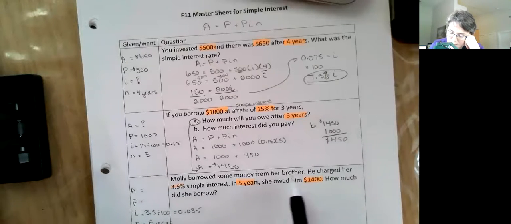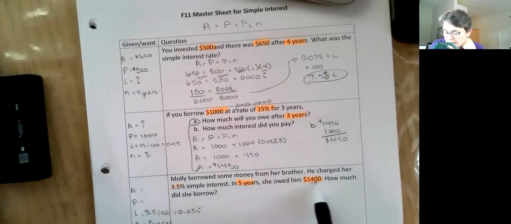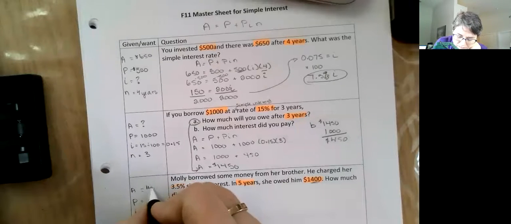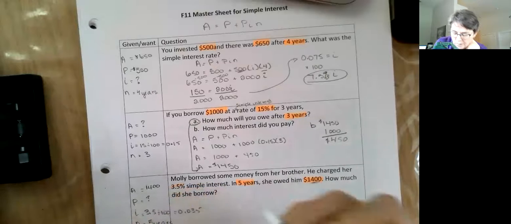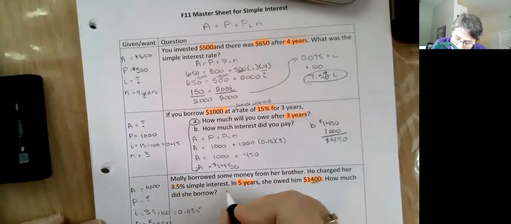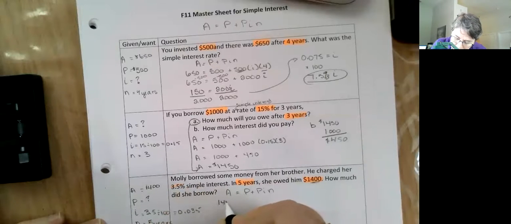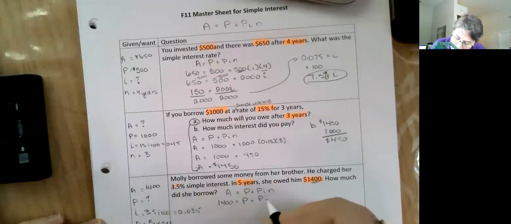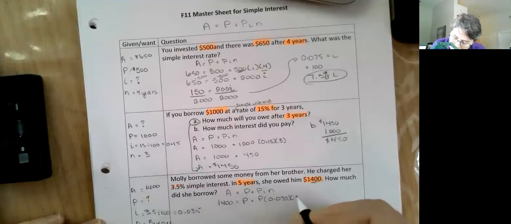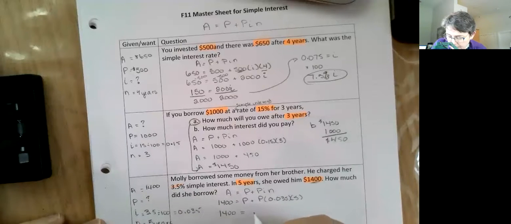She borrowed some money from her brother. He charged her interest and in 5 years she owed him. So this is the amount at the end, that's going to be here. And we don't know how much she borrowed to begin with. 0.035, 5 years. Plug it in.